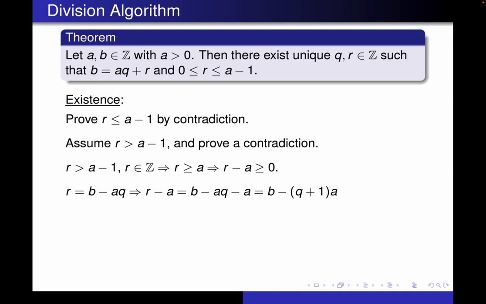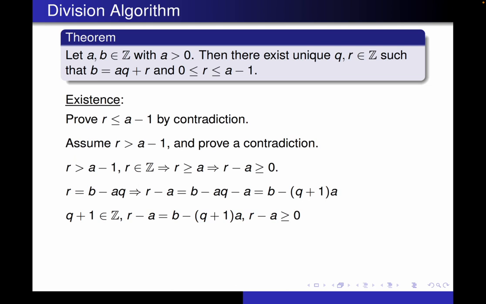And now that's looking a lot like an element of S, right? Because Q is an integer, 1 is an integer. That tells us that Q plus 1 is an integer. And again, I have that R minus A is equal to B minus an integer times A. That's almost all of what it means to be an S. And then we also know, remember, 2 lines up, that R minus A is greater than or equal to 0.